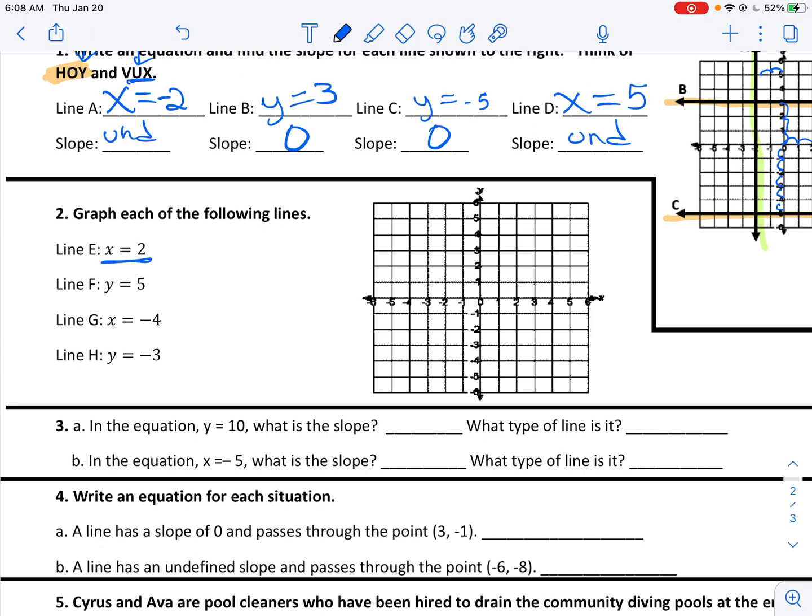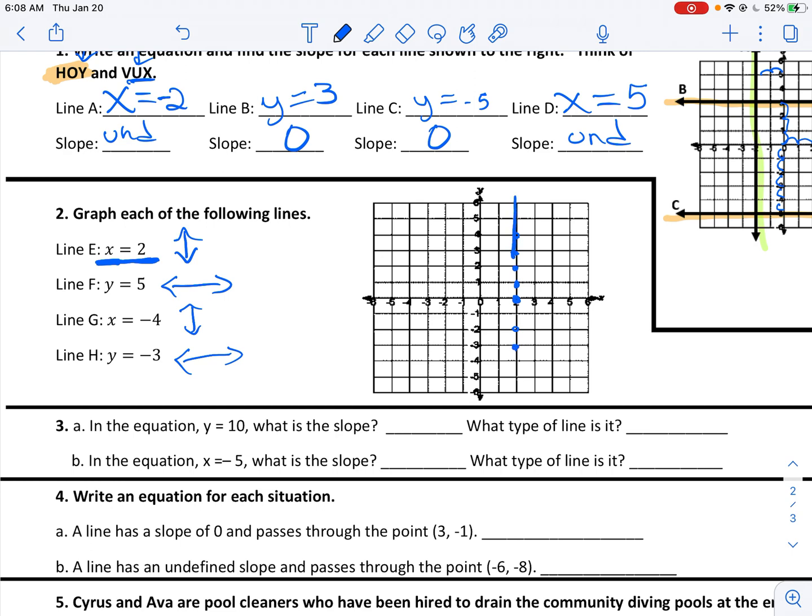Okay, so we just talked about this. Vertical lines are x equals, horizontal lines are y equals. So I already know what I'm going to be doing. On line E, it's x equals, so I go over to x equals 2, and all of these points are when x equals 2.